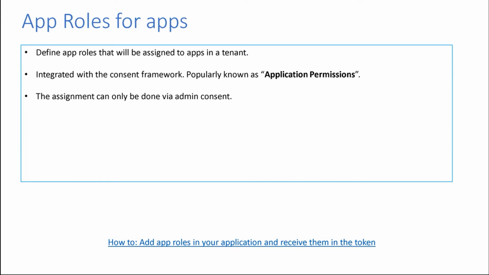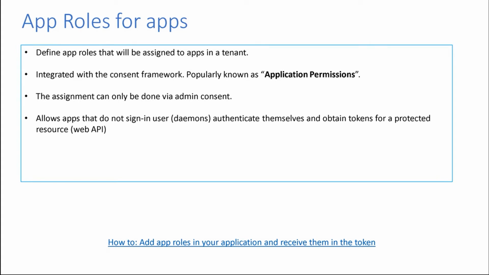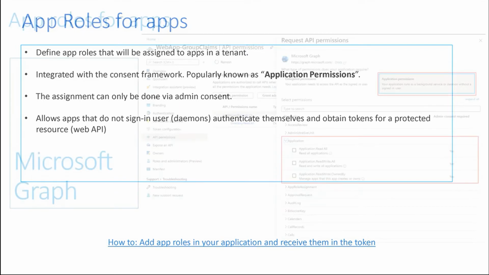You cannot have users assigned by other folks like you do for app roles for users. It allows applications that do not necessarily sign in users to be assigned a number of roles that can be used to further implement fine-grained authorization on a resource like a web API.